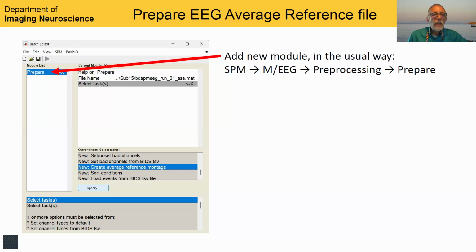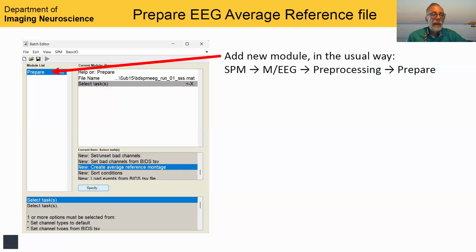So now we're going to add a new module in the usual way in a new batch, clicking SPM, MEG, preprocessing, prepare. And for the file name, we're going to use the BD SPM EEG file that we have just created and displayed.